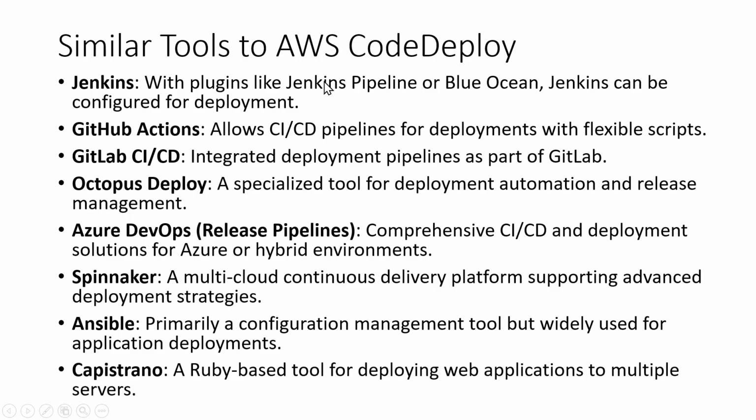Here are a few similar tools which are used instead of CodeDeploy. We can even use Jenkins, all these are the same. When you are going with Azure, we have Azure DevOps. Another one is Spinnaker, and Ansible. We can also go with Ansible for automating things.